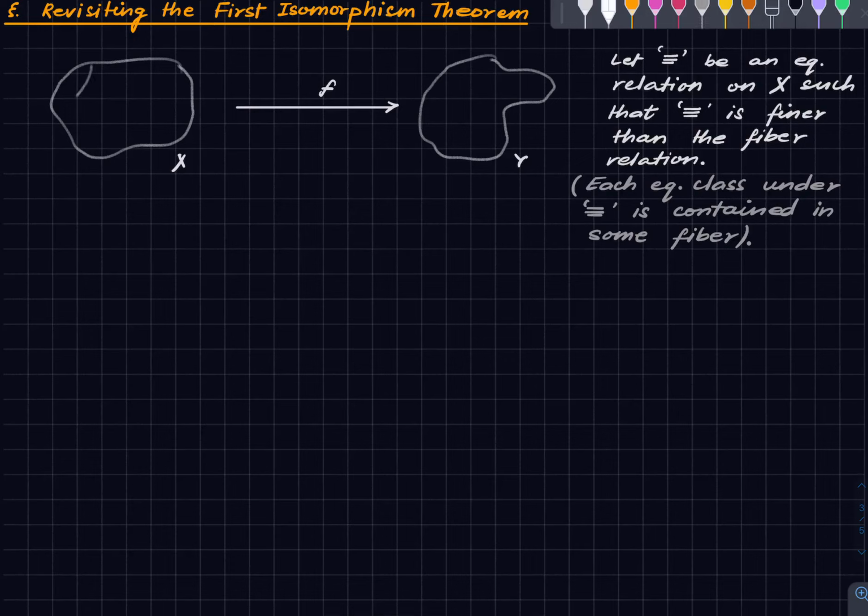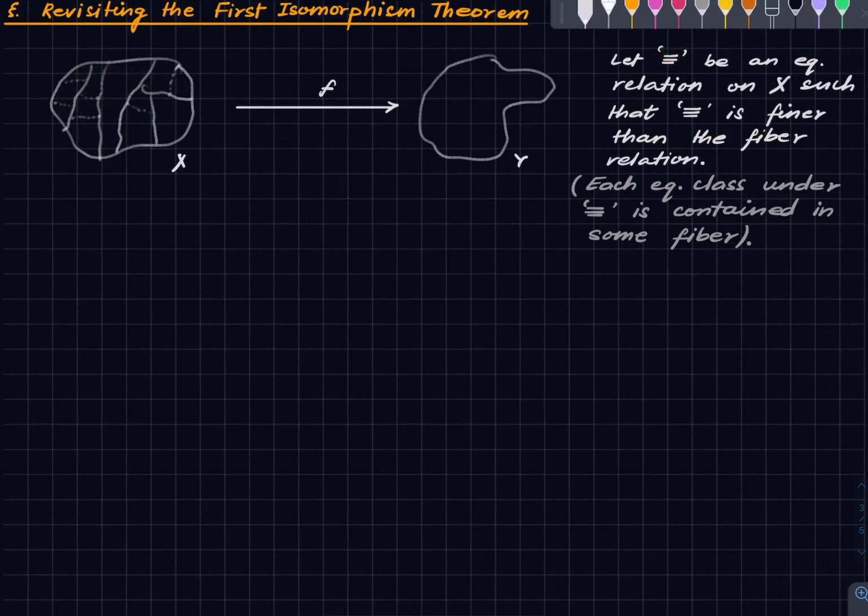So if these are all the fibers, then the equivalence classes under this relation may be described via this diagram in this way. So each thing is an equivalence class, right? All of these things are equivalence classes under this relation.